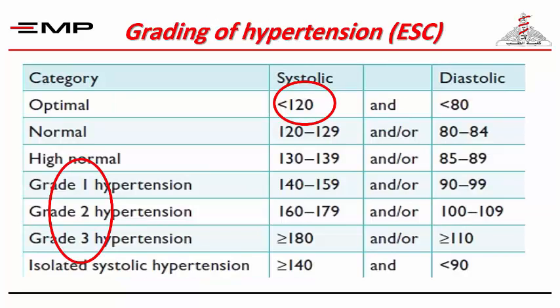According to measurement of blood pressure, grading of hypertension can be done. Optimal blood pressure is less than 120 over 80. Normal arterial blood pressure is a systolic of 120 to 129 and diastolic 80 to 84 mmHg. High normal is 130 to 139, 85 to 89.